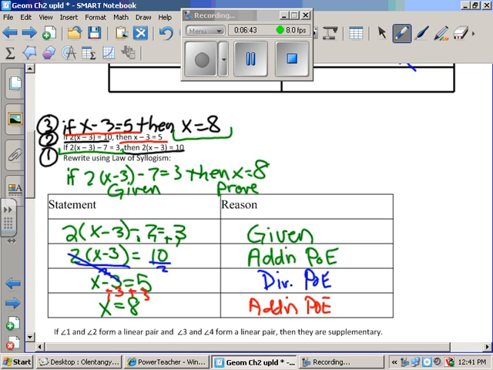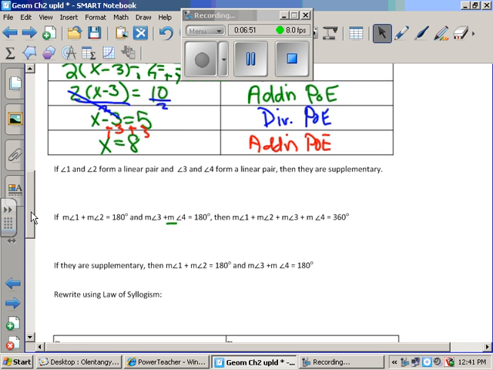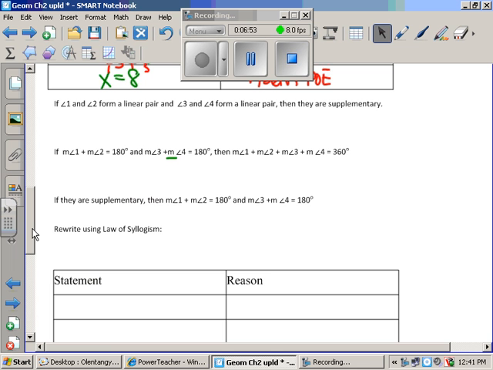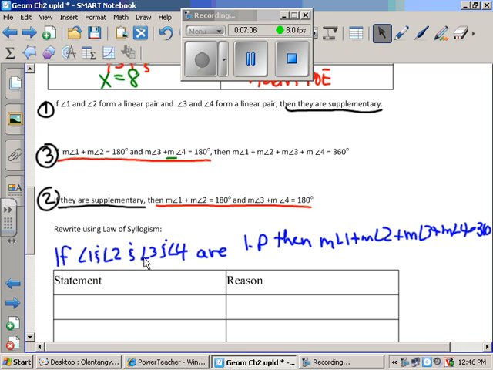Okay? For this one, go ahead and do those 2 steps, and then don't do the reasons yet. We'll do those together. But put these in order, write them into the blanks, and then we'll put the reasons together. Okay? So that would be the conclusion I can draw, because it's the first hypothesis and the last conclusion. So this is going to be my given.